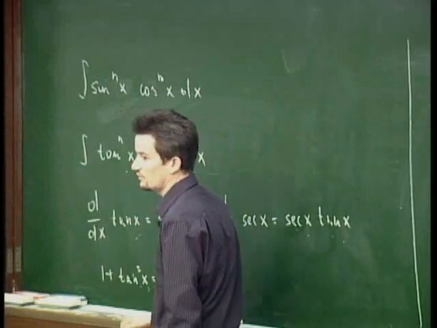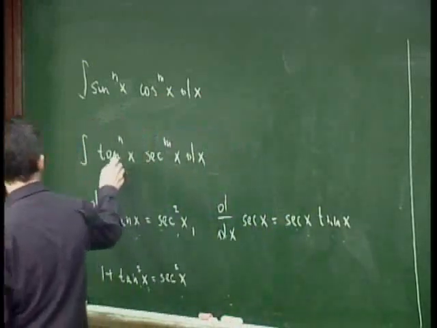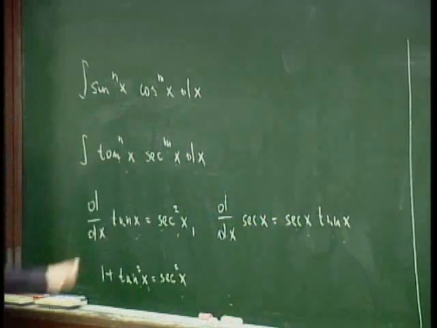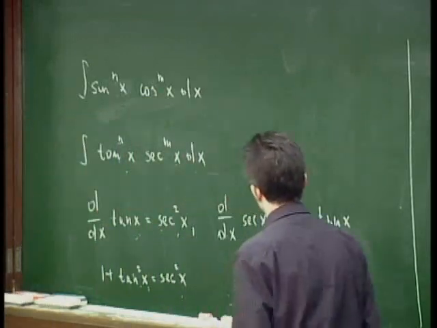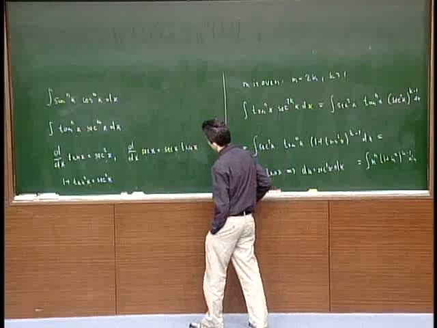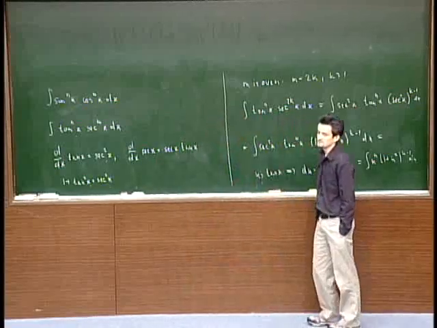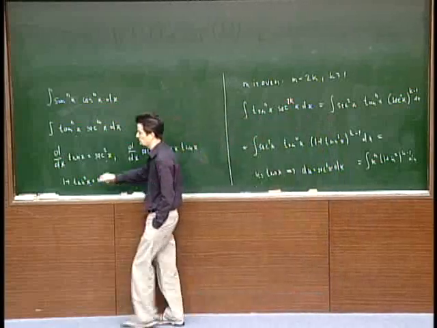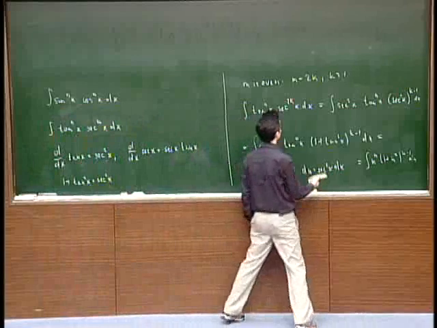But in order to use this formula, what you need is that the remaining part is even, so n is odd, m larger or equal than 1. Then you can do similarly by taking out this part, rewriting the rest in terms of secant and doing the substitution, and you will end up with a polynomial.